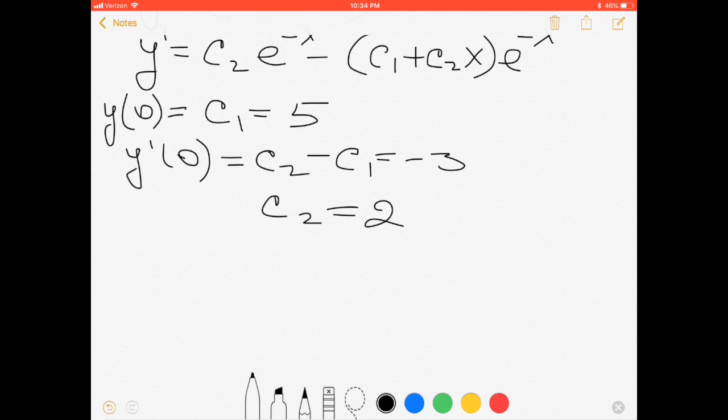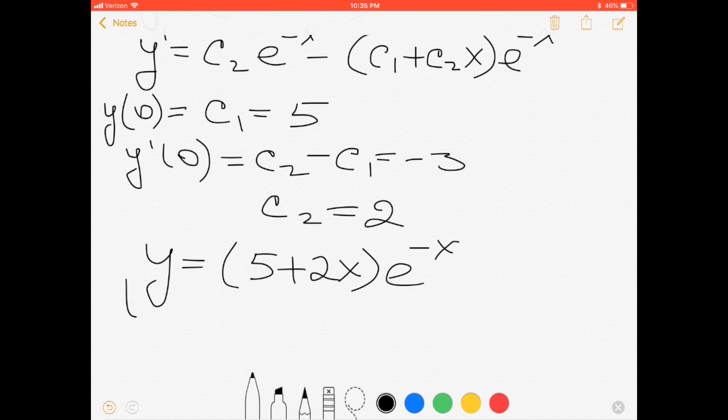This means my particular solution for this initial point will be 5 plus 2x times exponent -x. Okay.